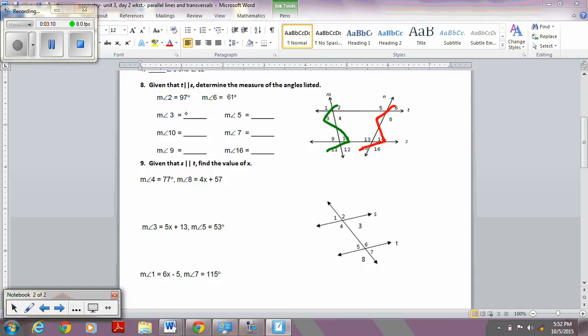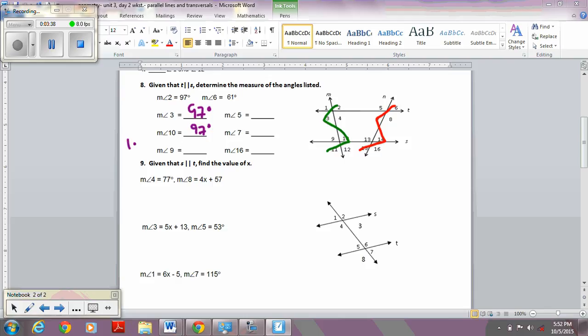So if I'm looking for the measure of angle 3, it's congruent with angle 2, so that means it's 97 as well. Angle 10 is also congruent with angle 2, so it's 97. Angle 9 is not on the congruent path, but that means it is supplementary, so it should add up to 180.